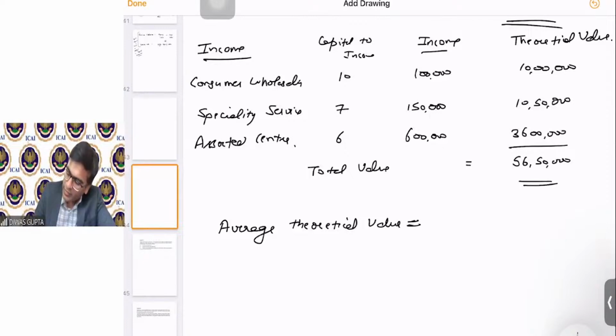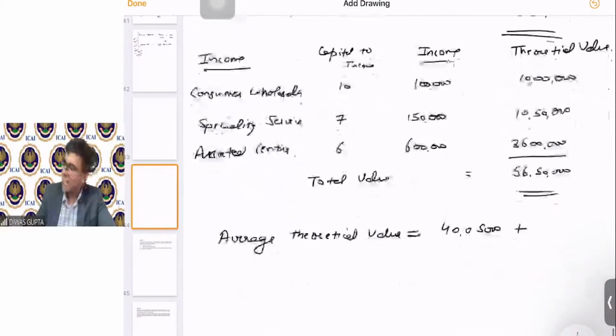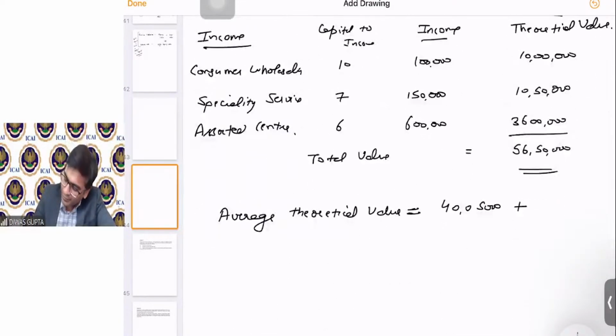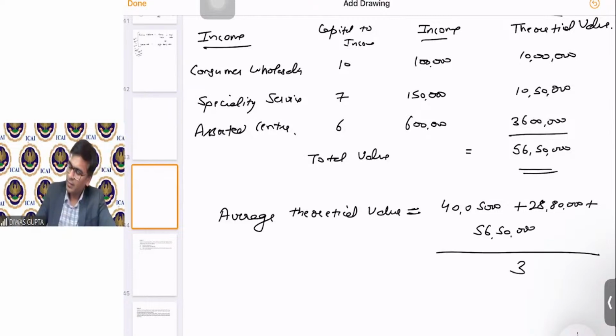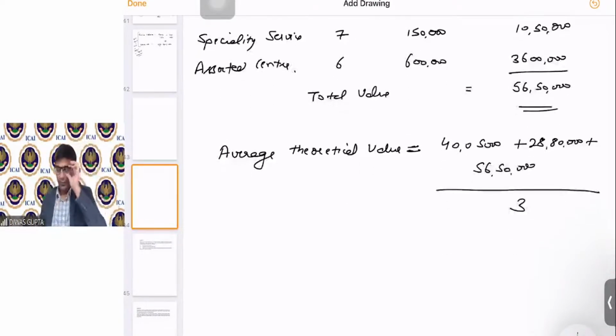So average theoretical value will be 40 lakh 5,000 plus 28 lakh 80,000 plus 56 lakh 50,000 whole divided by 3, right?